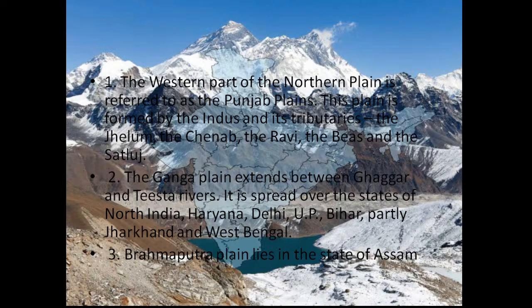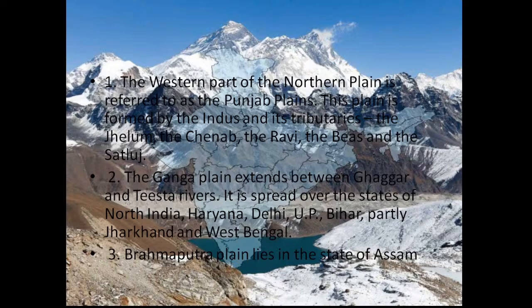The plains of North India. I move to North India. The plains of North India lie between the mouths of the Indus, Ganga and the Brahmaputra, covering an area of about 3,200 kilometers.